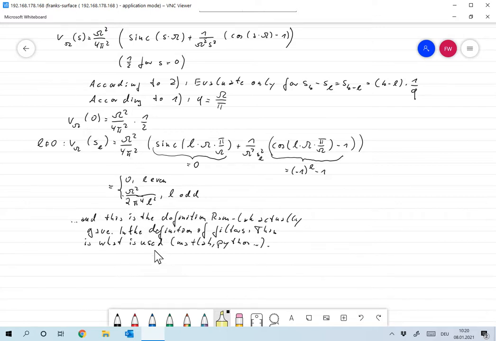And if you look into the definition of filters in the implementations, I think in MATLAB it's no longer accessible, but definitely in Python, you can look at how the filtered back projection algorithm is implemented and how the filters are implemented. And then you won't find the sinc and you won't find the cosine, but this is exactly what you will find there.